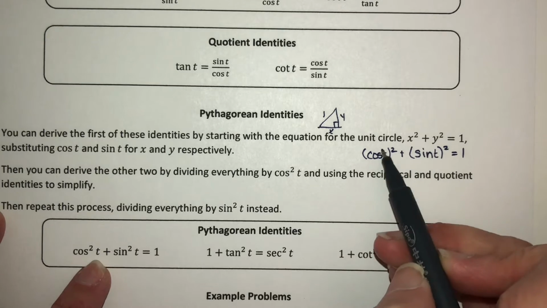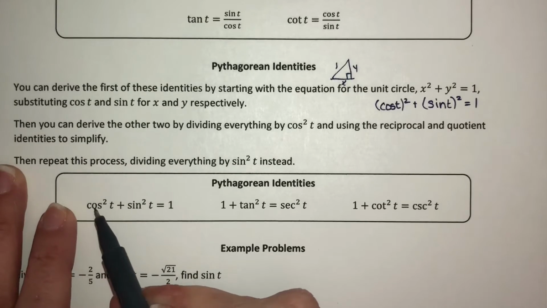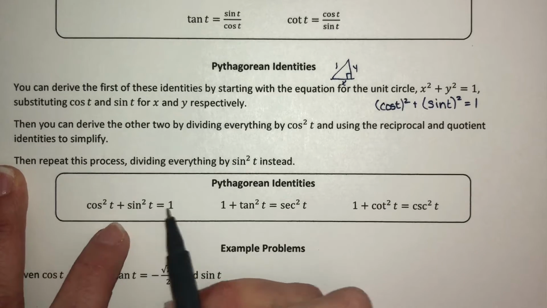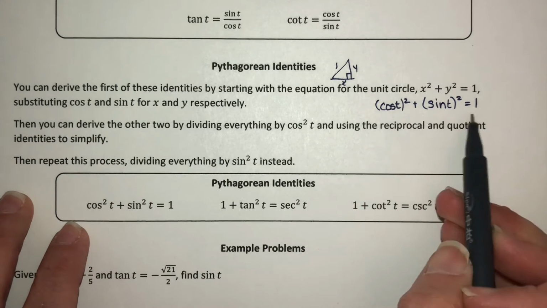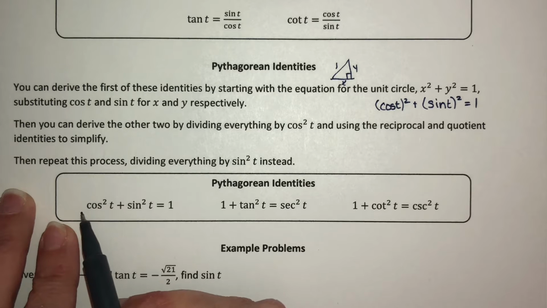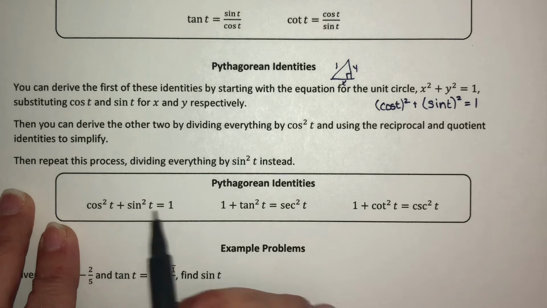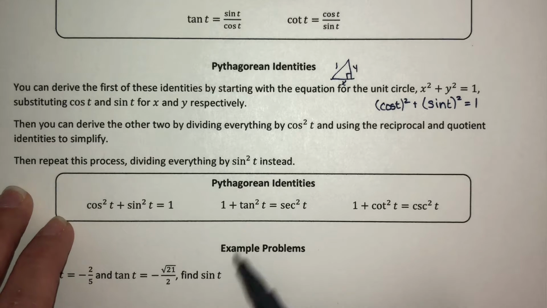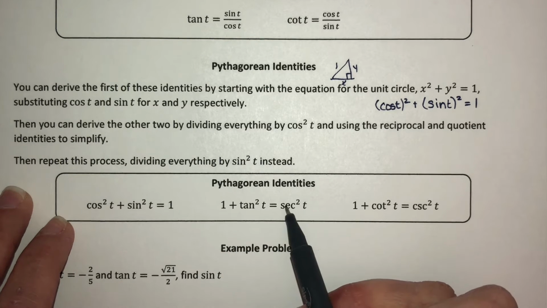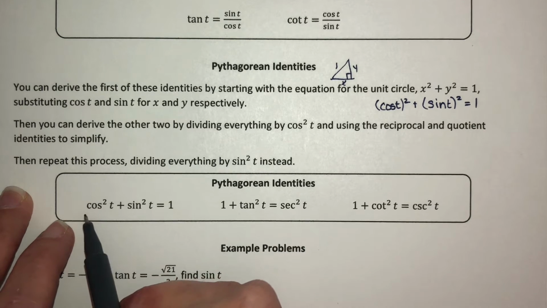We normally write the 2 on the function and have the argument of the function separate. So what we've done right here, just plugging in what we know about x and y, we developed this first identity.